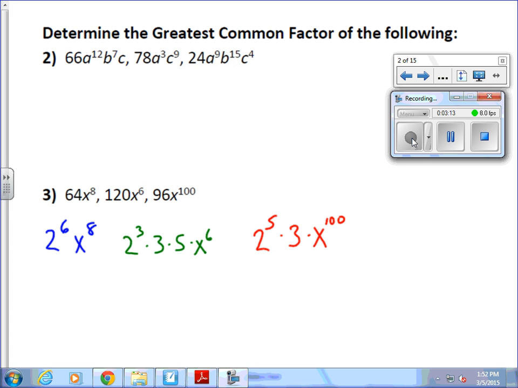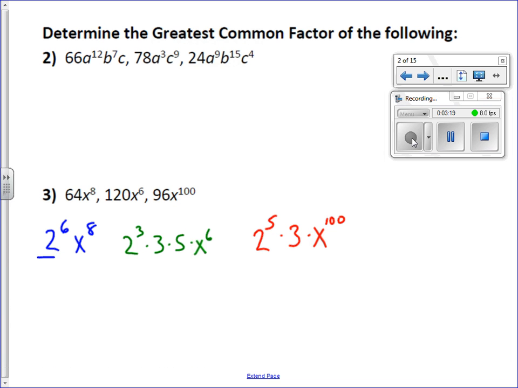And number 3, when you look at their prime factorization, after you factored them out, what do they all have in common? They all have 2's in common. They all have at least 3 as their exponent. So we'll use the smallest of all the 2 bases, 2 to the third.